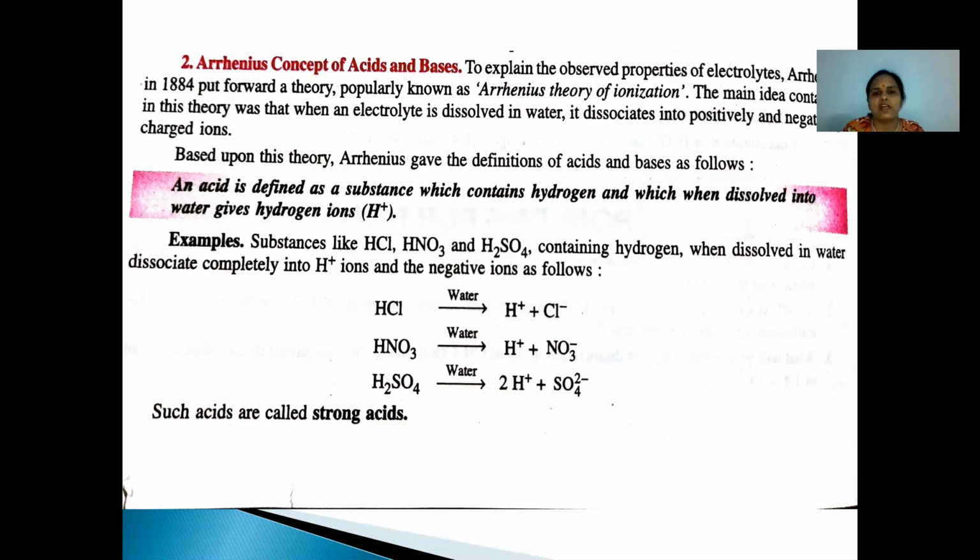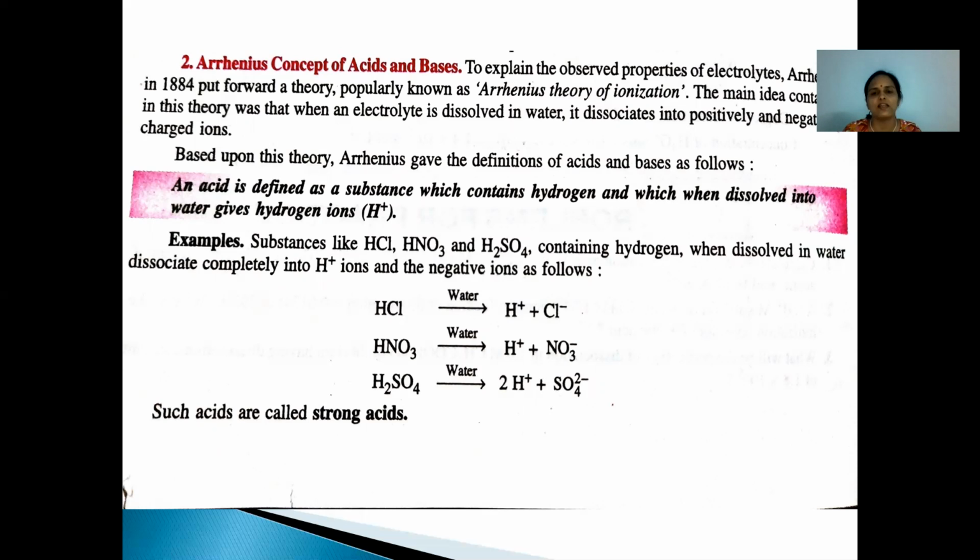Arrhenius gave the definitions of acids and bases as follows. An acid is defined as a substance which contains hydrogen and which, when dissolved in water, gives H plus ions. Substances like HCl, HNO3 and H2SO4 contain hydrogen and, when dissolved in water, dissociate completely into H plus ions and negative ions as follows.